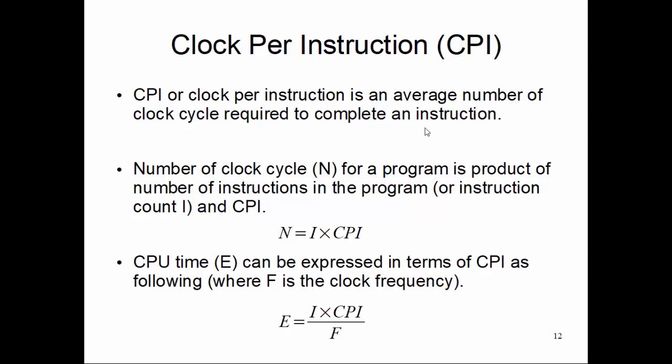So it's not a constant amount of time that a shift operation will take. CPI is a measurement that tells us, on average, how many clock cycles are required to complete an instruction.